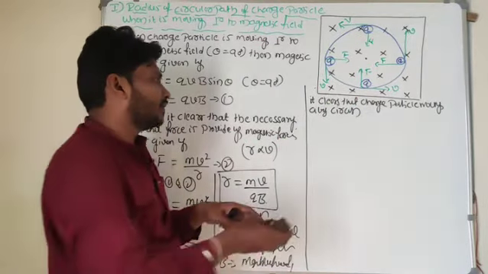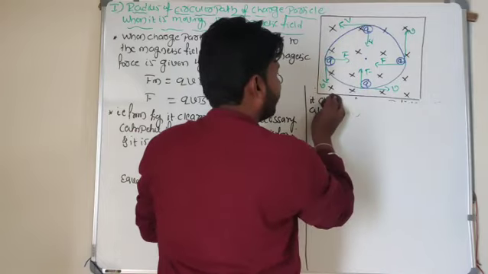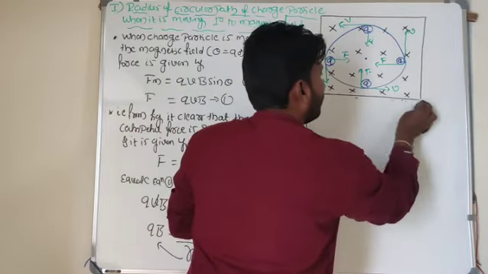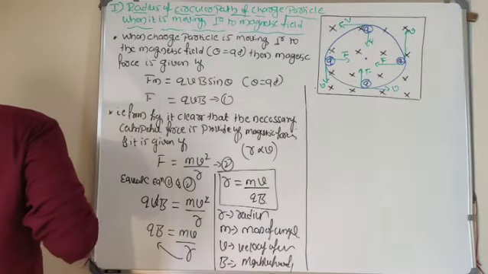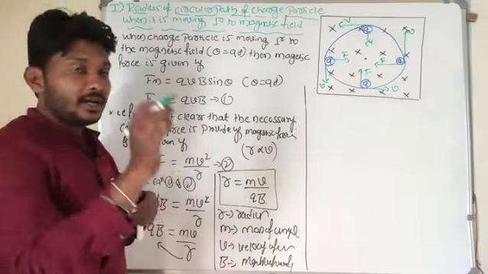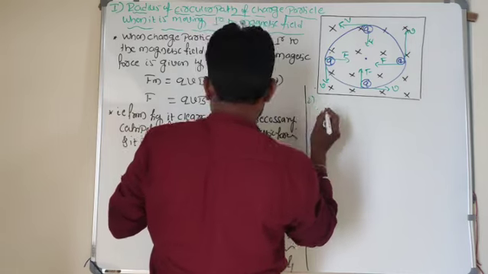Now I can find out that if the charge particle is moving along a circular path, how much time it will take to complete one revolution. The second thing I have to find out here is the time taken by the charge particle to complete one revolution.